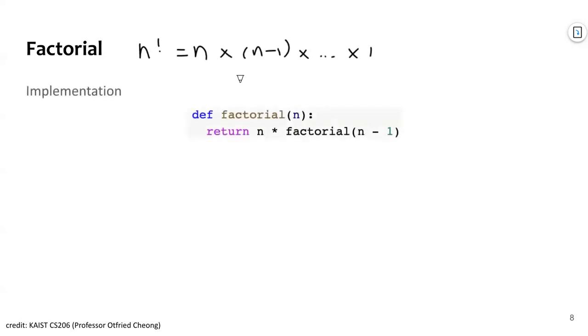And when we try to implement factorial, some of you might implement the factorial function in this way. And do you think this will correctly work or not? Let me know your opinion.